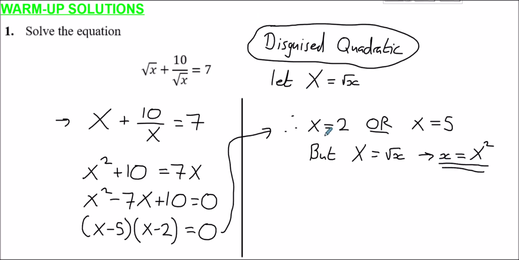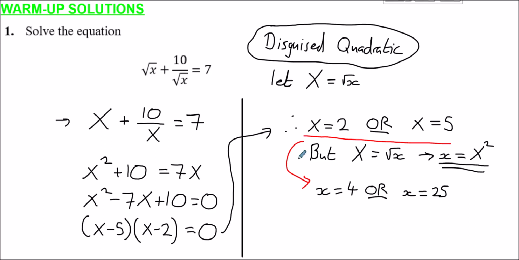And so if we take these solutions but then square them to get what our little x is, because this is an equation in terms of little x, we then get that little x is either going to be 4 or going to be 5 squared, which is 25. And that is our full solution. So it's quite hard until you spot that it might be a hidden quadratic.